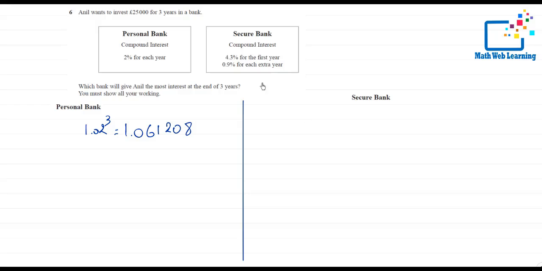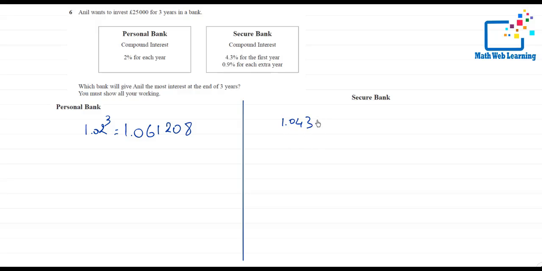Let's do what the secure bank gives me. Now the first year is 4.3%, so that will be a multiplier of 1.043, because you do 100 plus 4.3 and you divide it by 100.